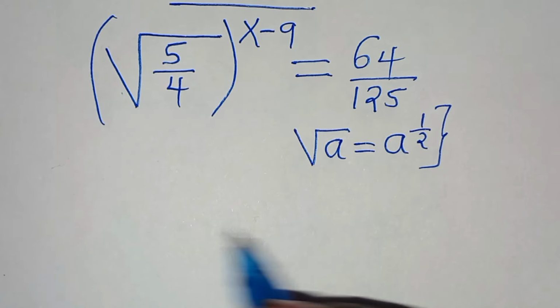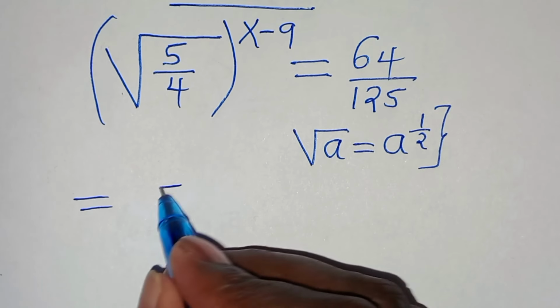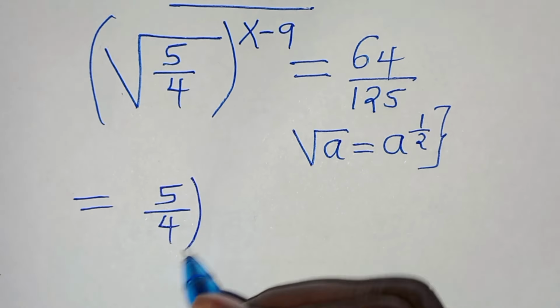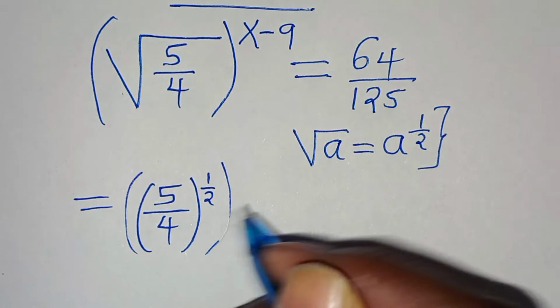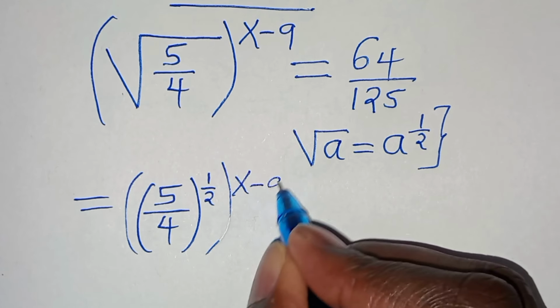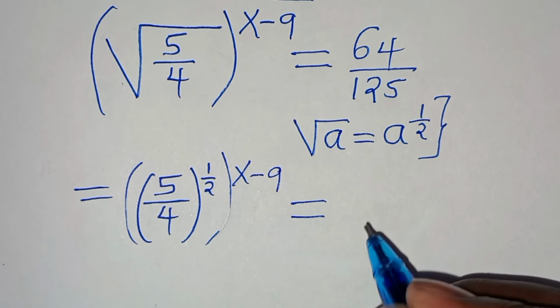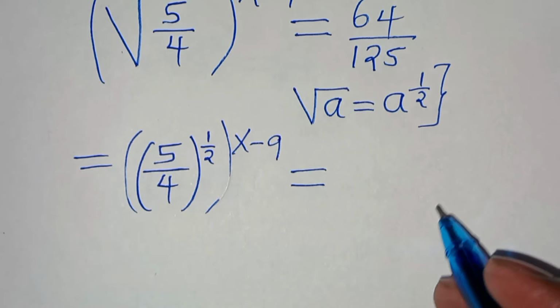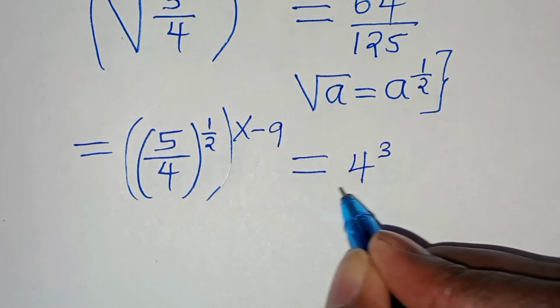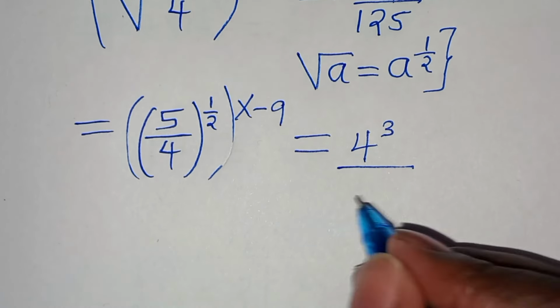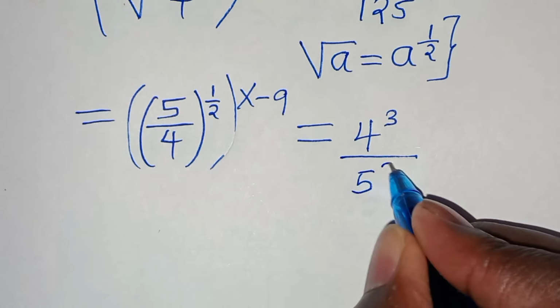Applying this property, we have 5 over 4 raised to the power of a half, then raised to the power of x subtract 9, equal to 64. We can express 64 as 4 to the power of 3, divided by 125, which is 5 to the power of 3.